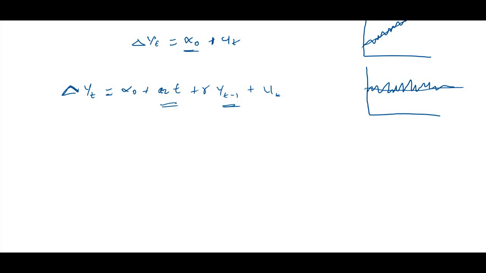And in all these three cases, the test focuses on whether the value of gamma equals 0 or not. And the DF test statistic is the t statistic for the lag dependent variable. If the DF statistical value is smaller than the critical value, then the null hypothesis of a unit root is rejected, and we can conclude that yt is a stationary process.